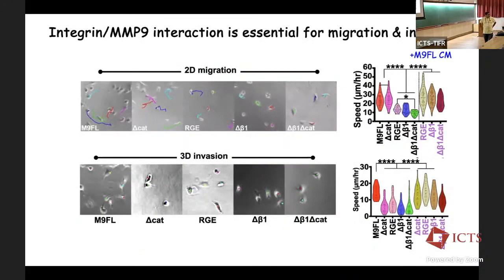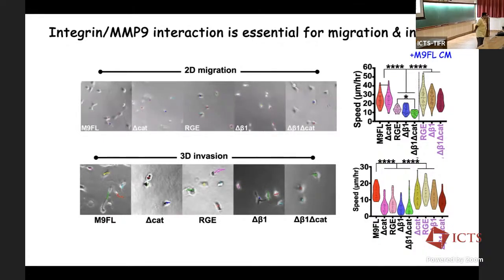We then asked, what is the functional relevance of this perturbation? Once again, at the top we are showing the 2D migration, and at the bottom the 3D invasion experiments. Even though association between MMP9 and integrin was detected in RGE cells, 2D motility was impacted. The same is true in delta beta 1 or delta beta 1 delcat cells.